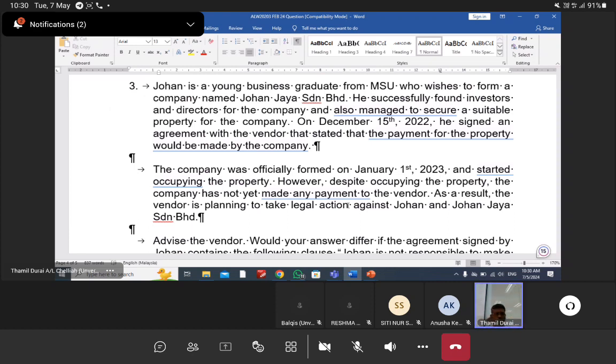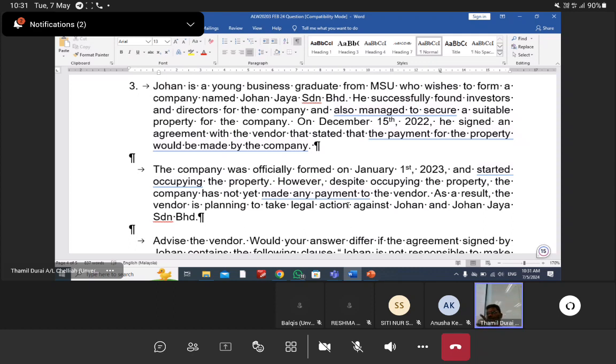Okay. Right. First, establish: is this a pre-incorporation contract? But before that, is it about the action of a promoter? Right. He wished to form a company and he successfully found an investor for the company. That means this action is a promotion action. So first you're going to discuss the promoter.